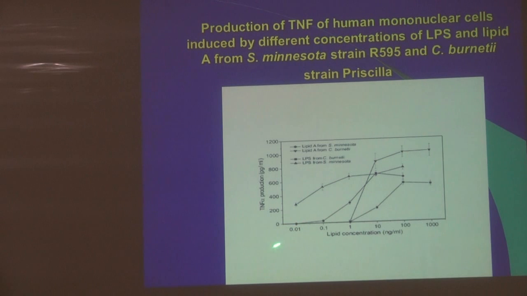We were able to show that 100 times more lipid A should be used to trigger tumor necrosis factor activity compared to this one, which was from Salmonella. So you see, this is one of the proofs of the difference.